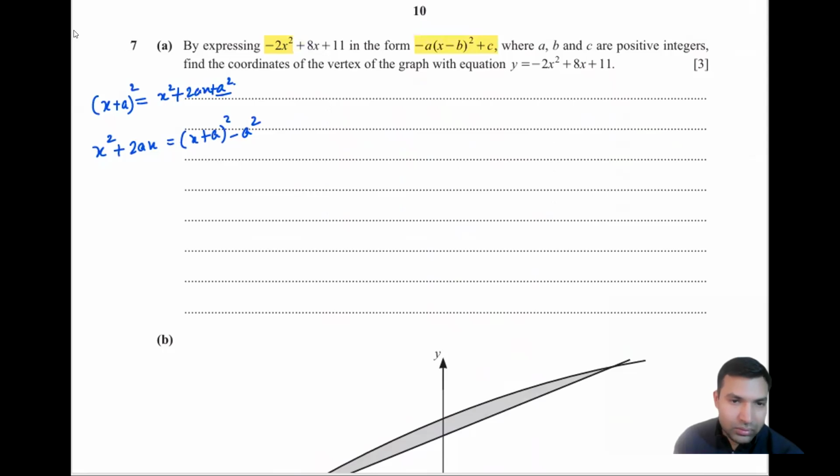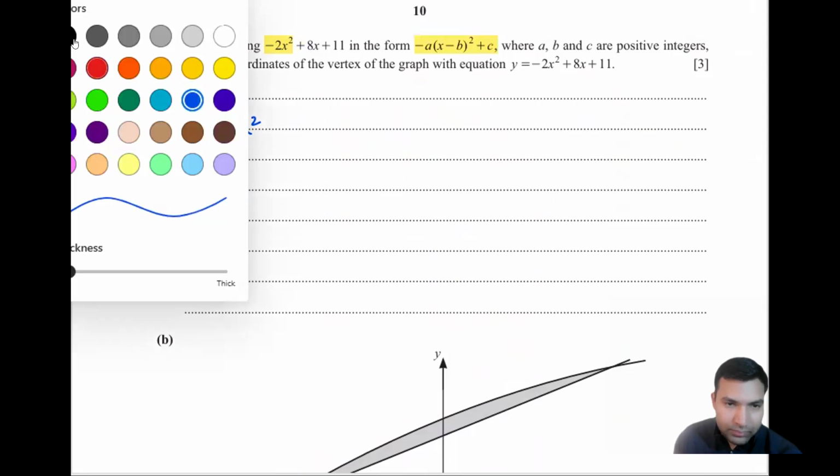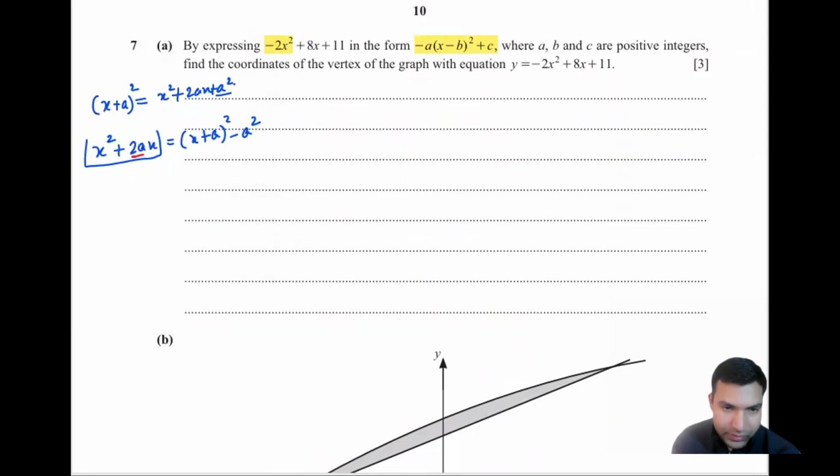Just taking a squared to the left hand side, right? So whenever we have this kind of expression, I can write it like this. Whenever you have 2a as the coefficient of x, half of it will come inside the square, minus this a squared.